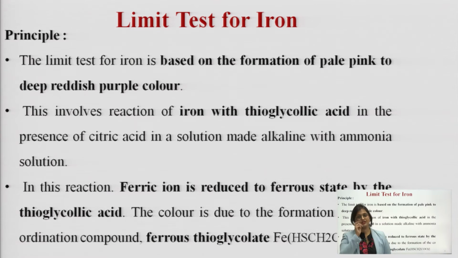For the limit test for iron, first we will understand the principle. For writing down or understanding any limit test, there are 4 components. Number 1, principle: first, we need to understand the principle lying behind the limit test for that specific substance.